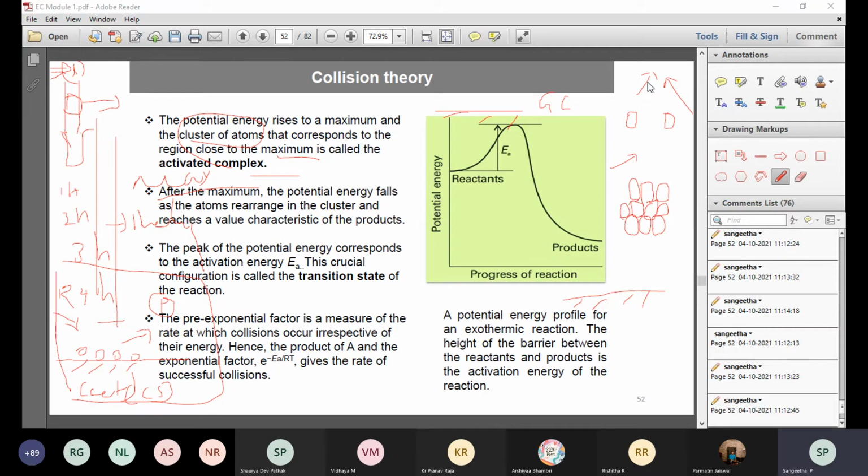What do you do in that? Just try. What are the different types of chromatographies you have studied? Paper chromatography, TLC, column chromatography. In gas chromatography we try to extract various types of gases.